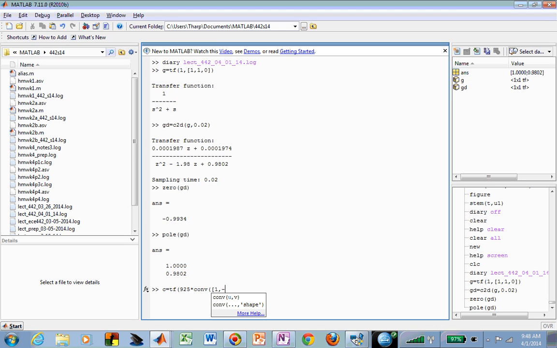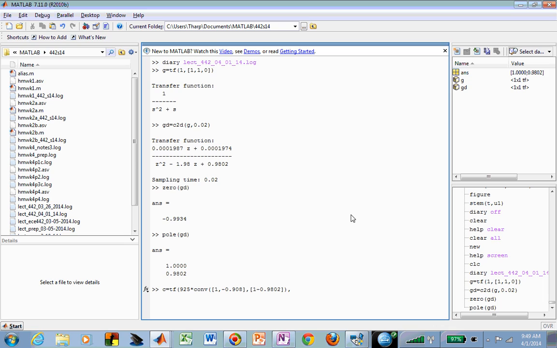I have z minus 0.908. That's one of the two factors in the numerator, and I have z minus 0.9802. Whoops. That's my convolution to get my numerator.